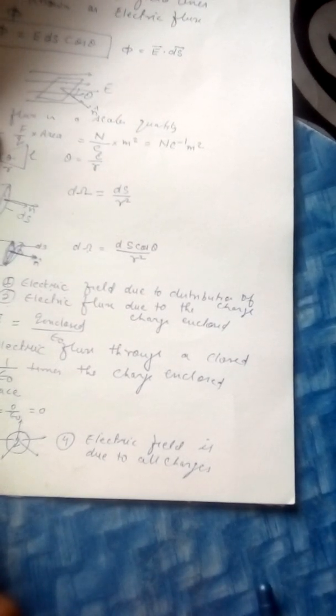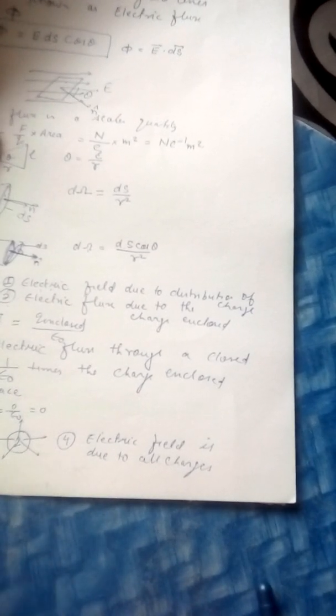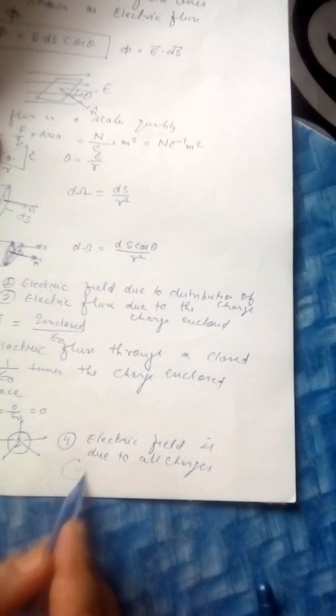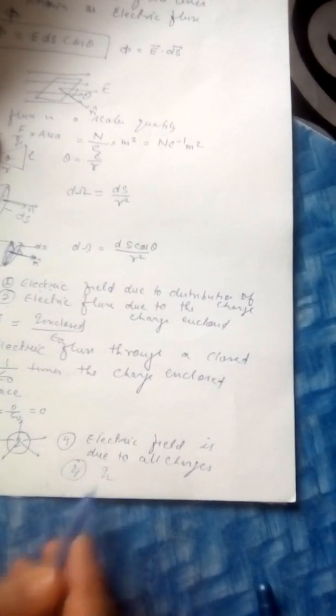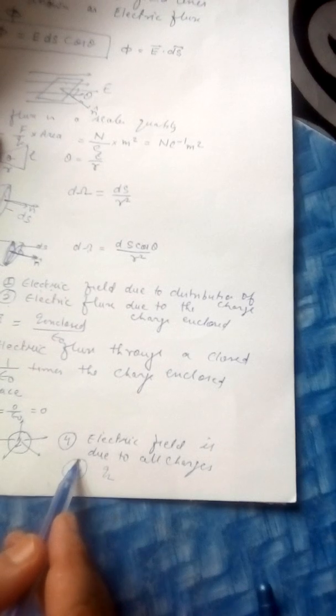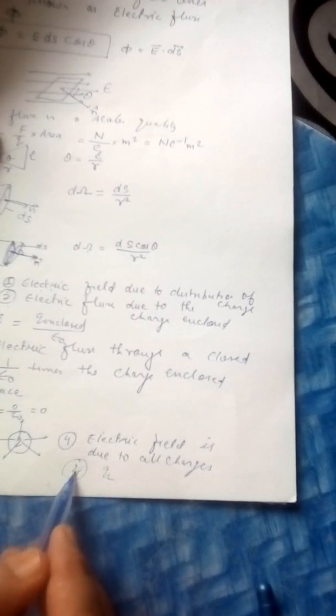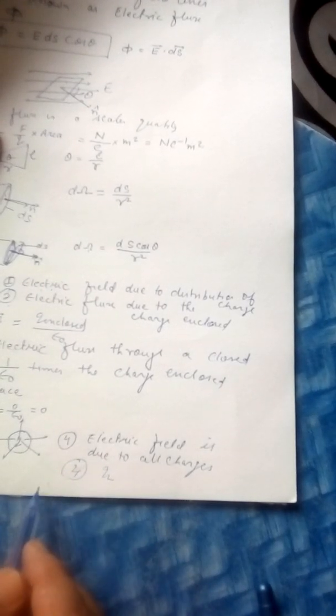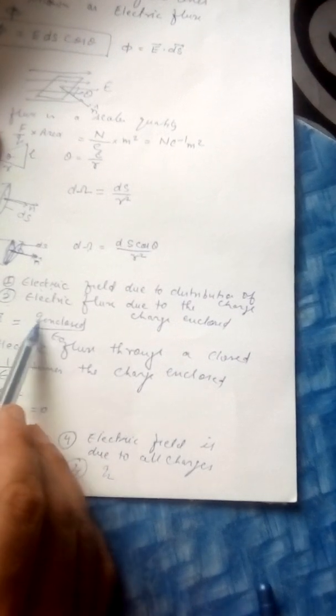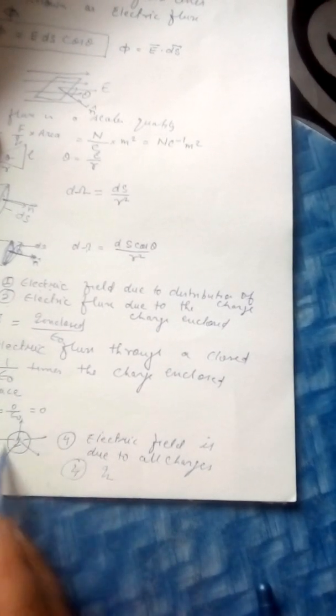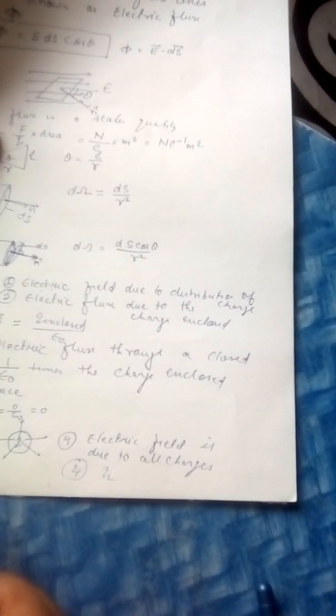Here, this electric field is due to all the charges, suppose Q1 is inside, Q2 is outside. The electric field is due to all the charges, due to charges enclosed and due to outer charge also. But this charge is only due to which is inside the surface.